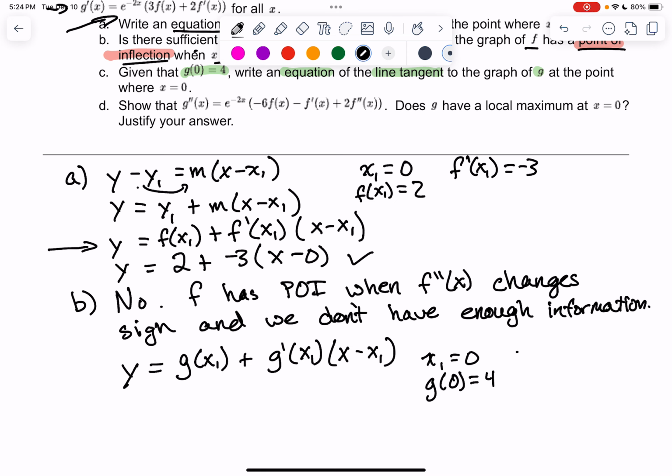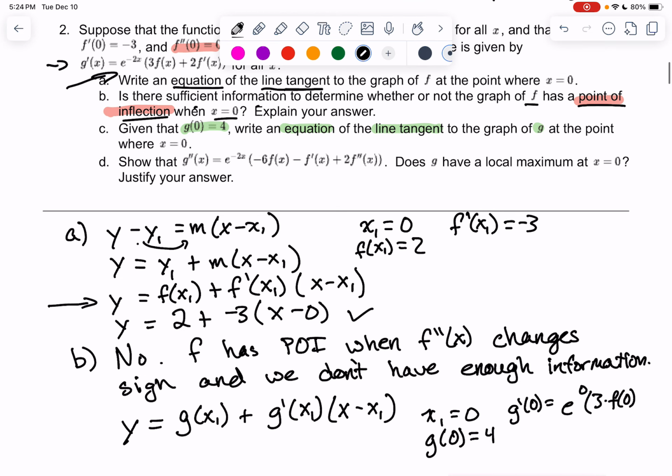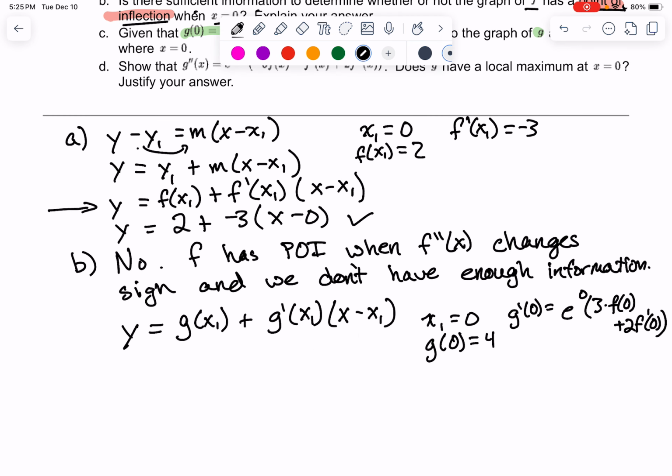So I could just say g prime of 0 equals, now I'm just going to fill in that equation, e to the 0, if I plug in 0 for the negative 2x, times 3 times f of 0 plus 2 times f prime of 0. Now, we know that f of 0 equals 2, and f prime of 0 equals negative 3.